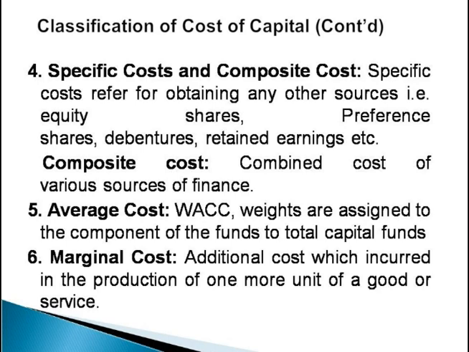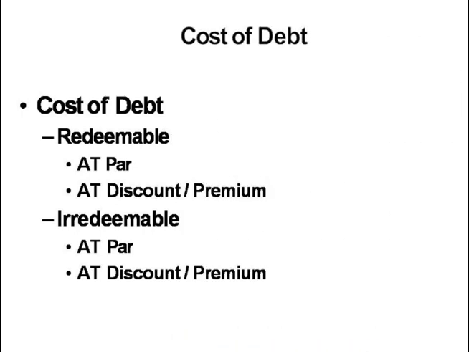Now come to the first instrument, that is cost of debt. In it we study what the various types of debt are and how to calculate the cost of these debts. We know that debt is basically of two types, redeemable and irredeemable. What does this mean?